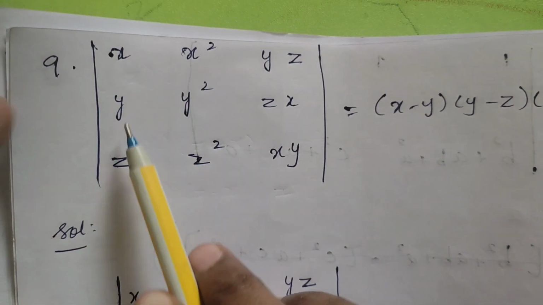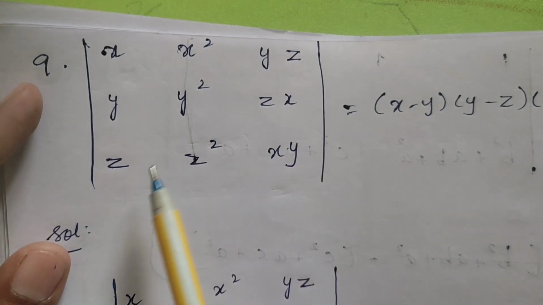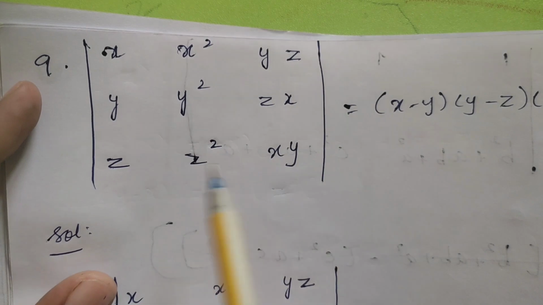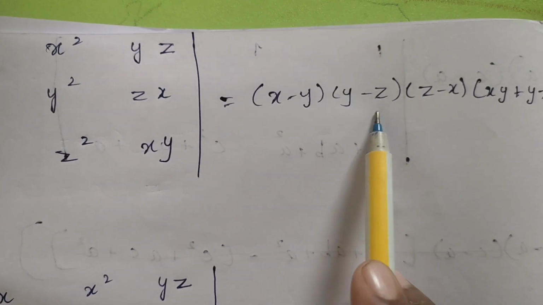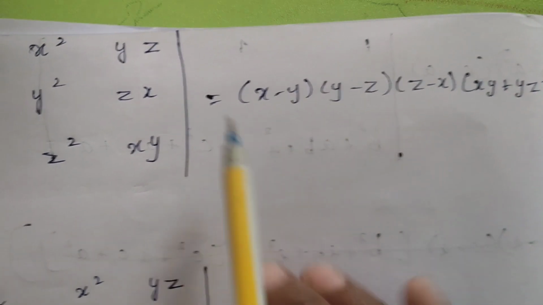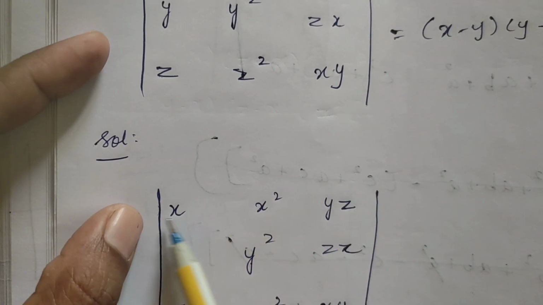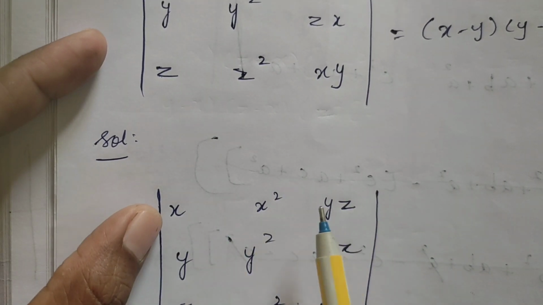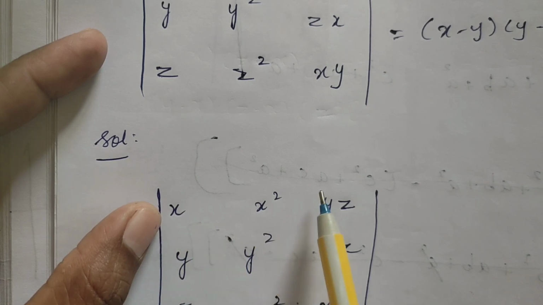The next question: the determinant x square, yz, y square, zx, z square, xy is equal to x minus y, y minus z, z minus x, into xy plus yz plus zx. I'll multiply the first row by x and divide by x so that it will balance. x by x will be 1 again, so I'm just multiplying and dividing by x.